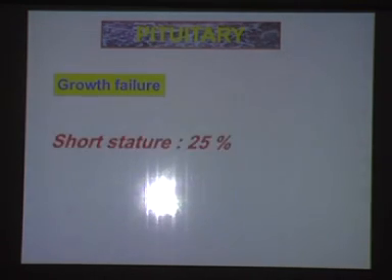About growth failure, short stature affects about 25% of the patients, but not all patients are growth hormone deficient.